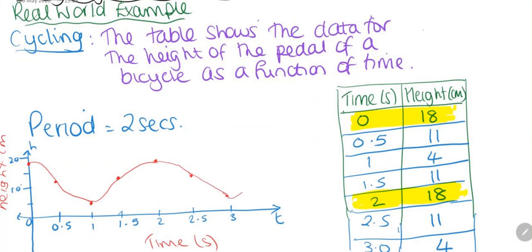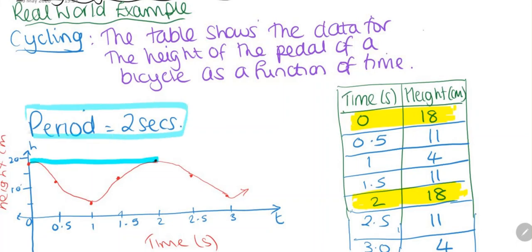And then this would go back up. So there's our graph. And we can see this point here. This is where our period of 2 seconds is.